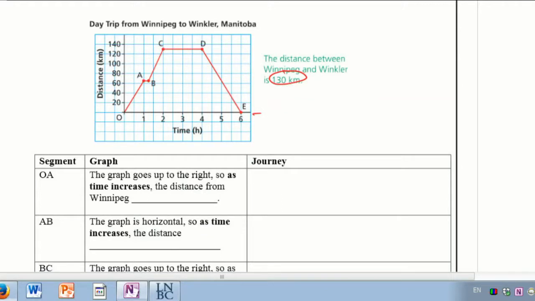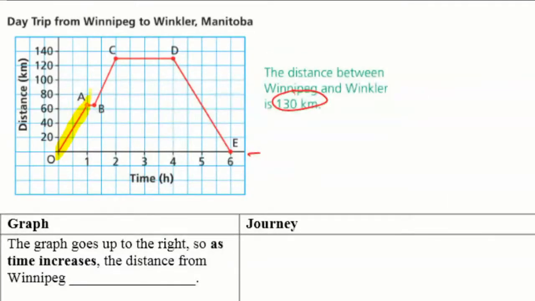Here we go. From O, that's here, to A. So this first little bit of graph going along here from O to A. What's going on there? So the graph goes up and to the right. So as time increases, does the distance from Winnipeg go up or down? Are we moving away from Winnipeg or are we moving towards Winnipeg?